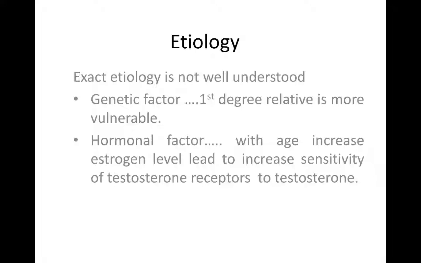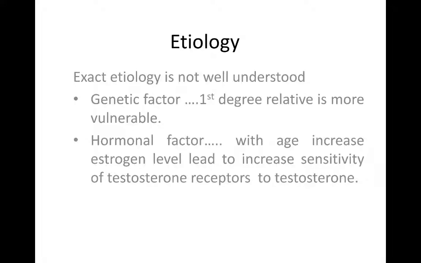Benign prostatic hyperplasia is an androgen dependent disease. So how is benign prostatic hyperplasia androgen dependent, when with age there is a decrease in the androgen level? So how does the hormonal factor play a role in the development of benign prostatic hyperplasia?